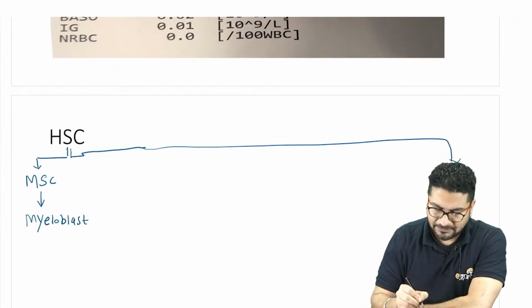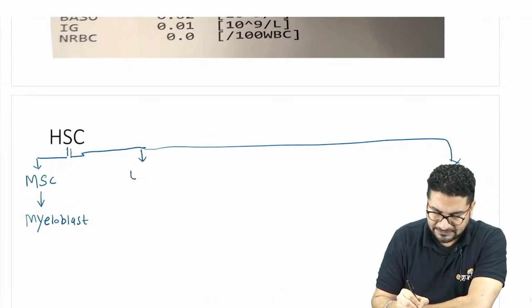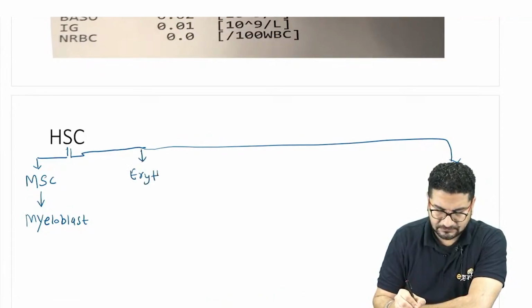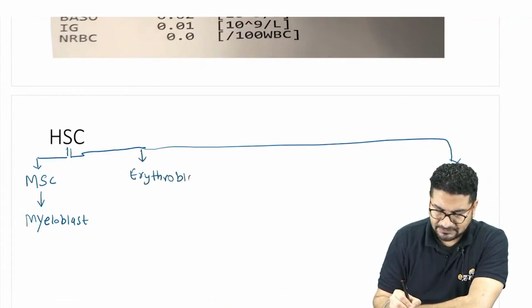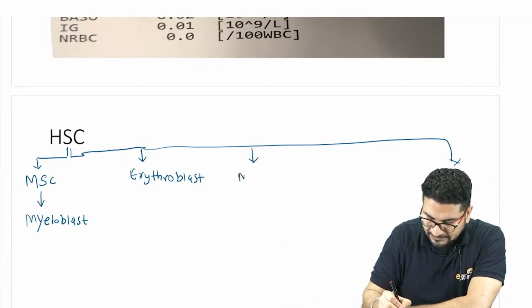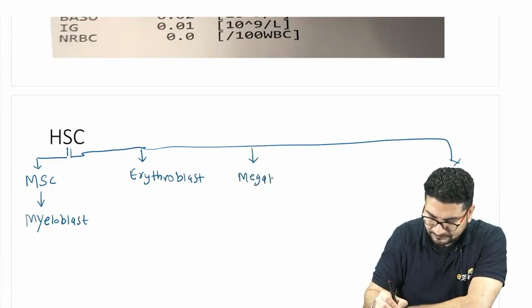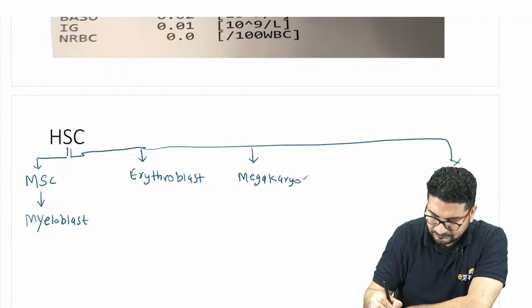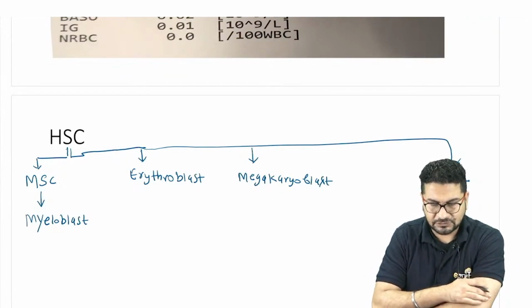Similarly, we have some other cells, like erythroblast, megakaryoblast. So try to understand this.